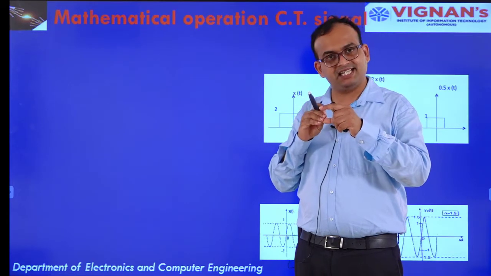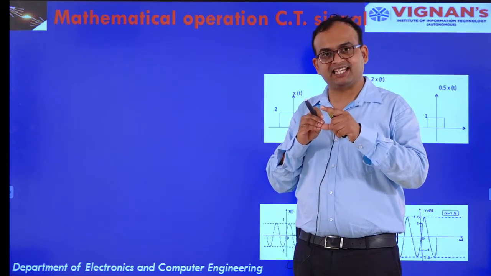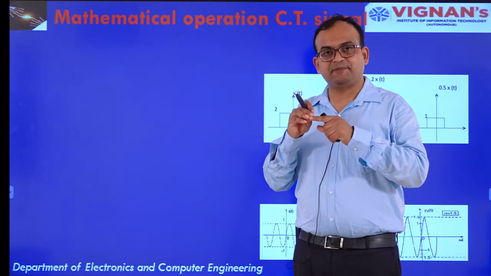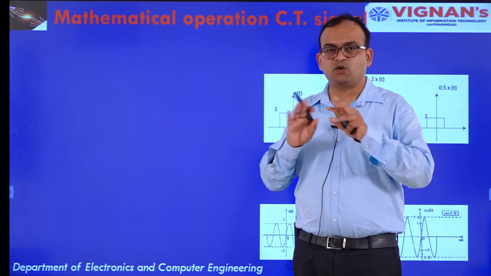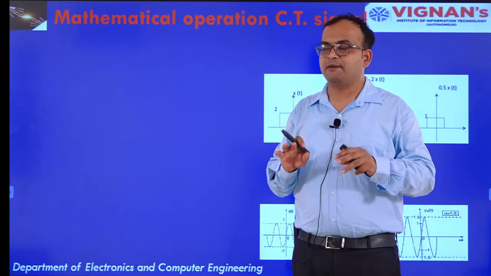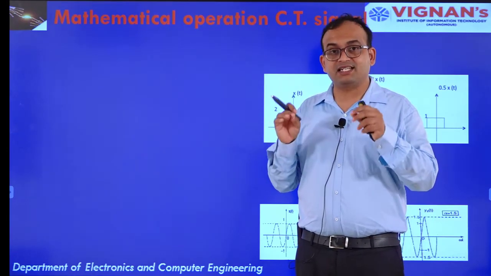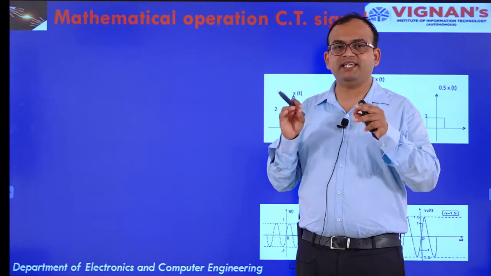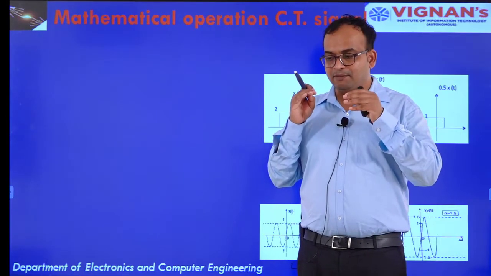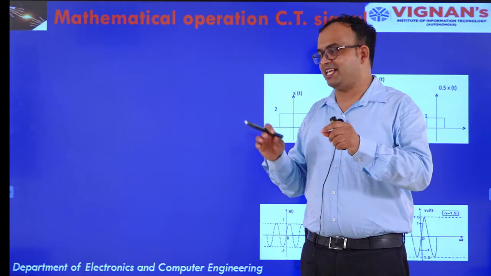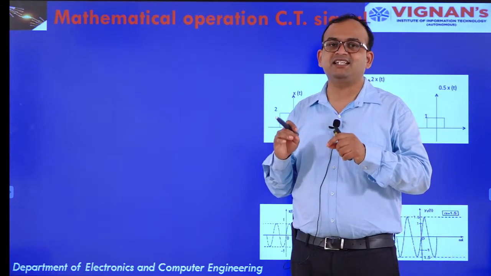The basic things are scaling, shifting, and folding, that is time folding. Let us see the operations one by one. Again I am telling, this is very important for building a strong base in signals and systems.